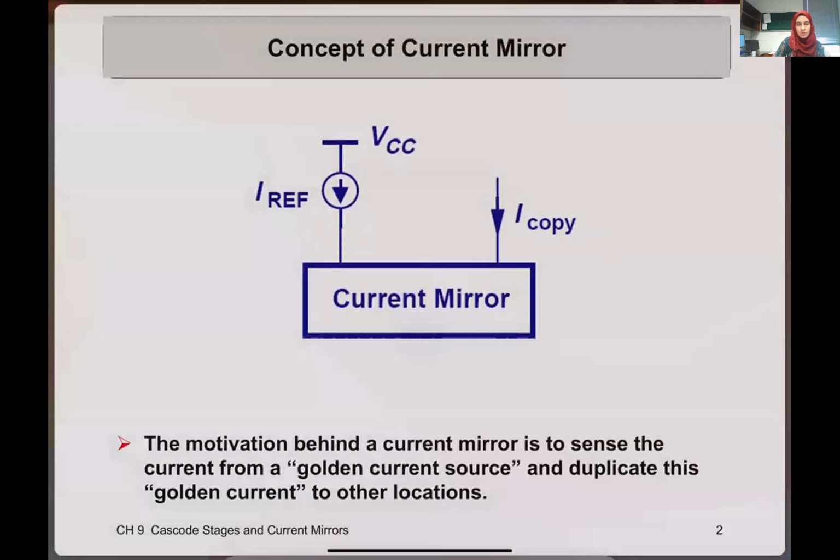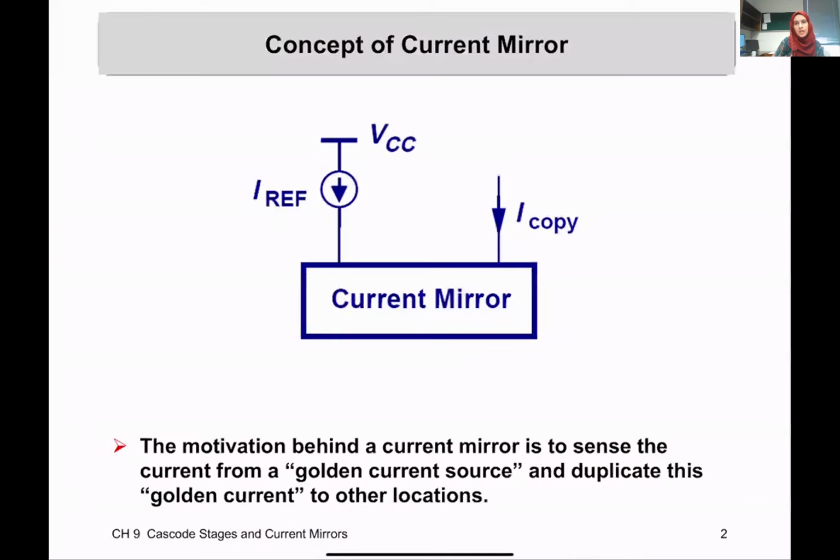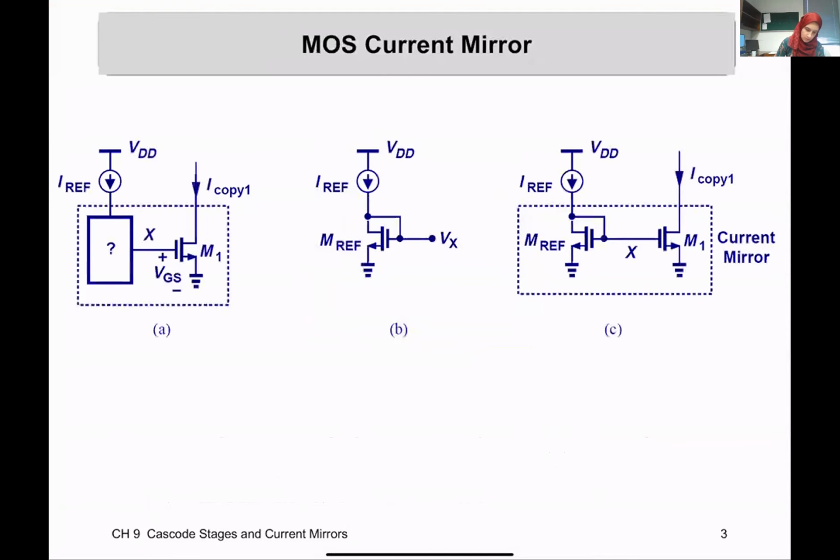Okay, so this concept is called a current mirror. It allows us to have multiple copies, or multiple values, of a golden current source in multiple locations of our circuits with a very simple scaling of the width of the transistors. The golden part is using this diode connected transistor to generate a fixed value of the VGS.